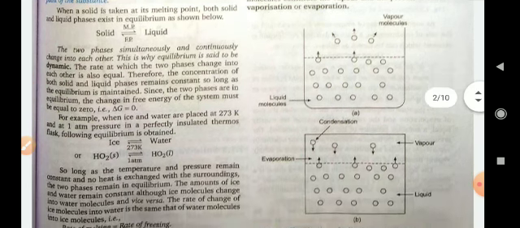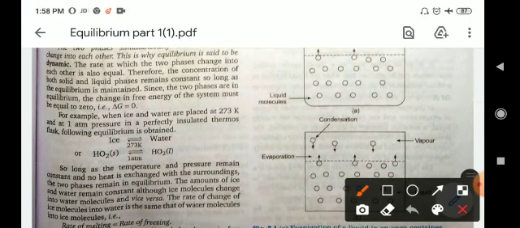But if you take water or another liquid in a closed container and start heating, then the molecules will absorb energy, get vaporized and come out of the liquid, and collect in the container in the form of vapors.